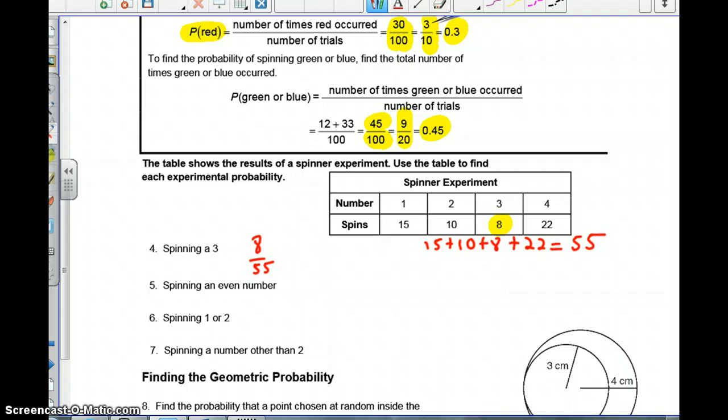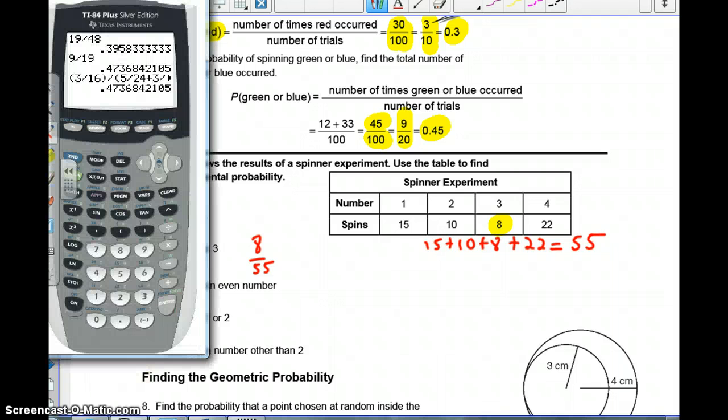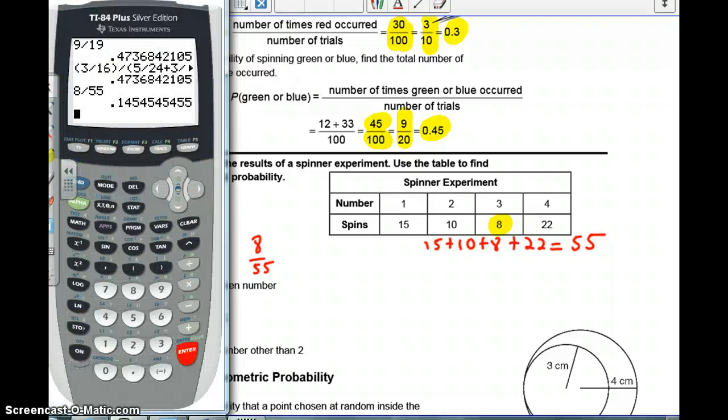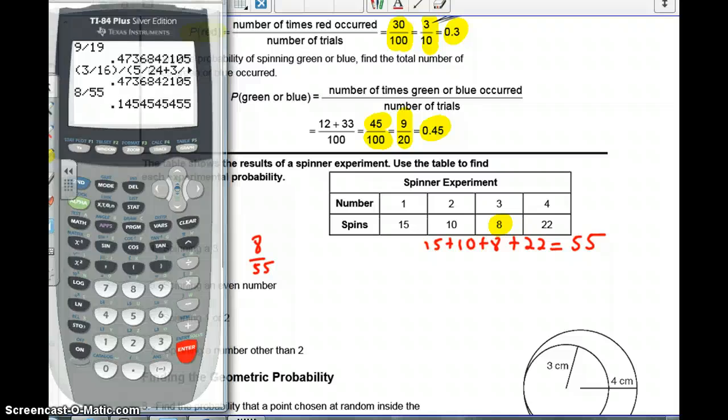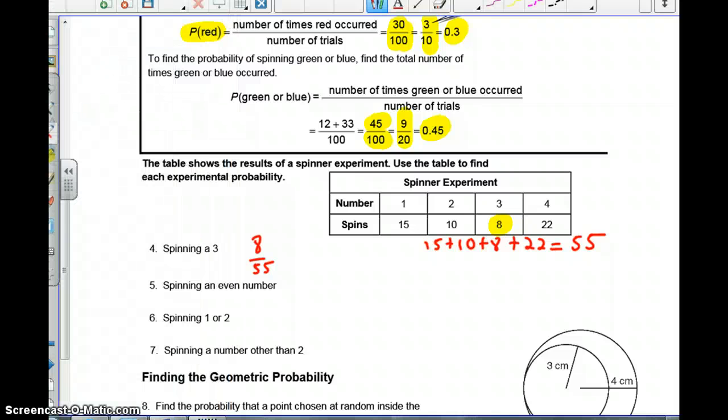It doesn't reduce. You're more than welcome to change it to a decimal if you like. 8 divided by 55, which is 0.15. Or 15%.